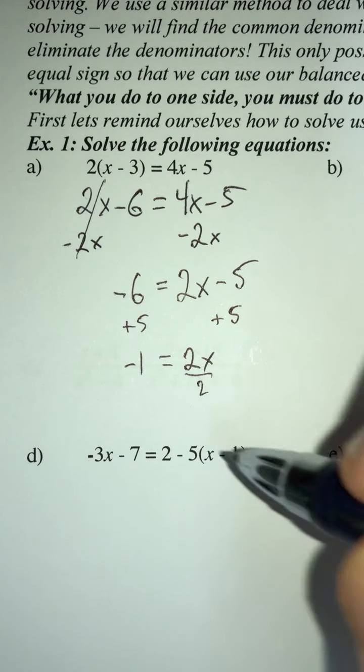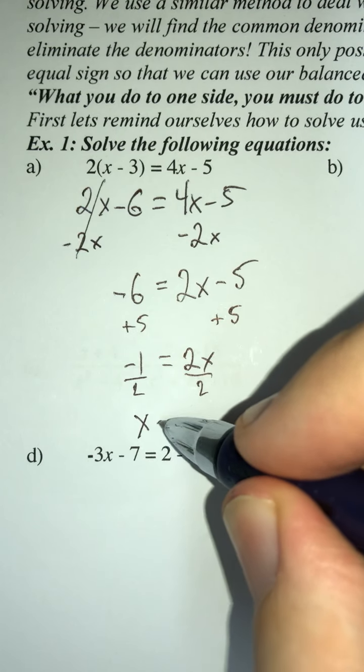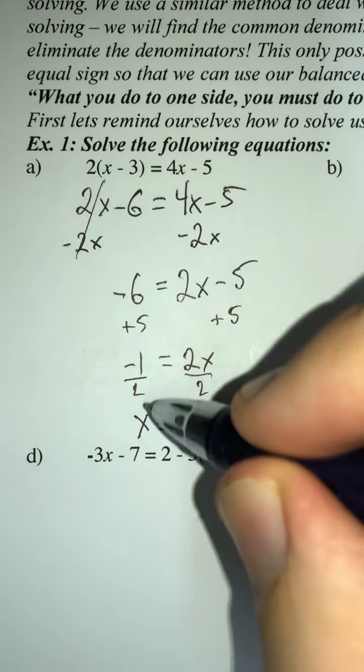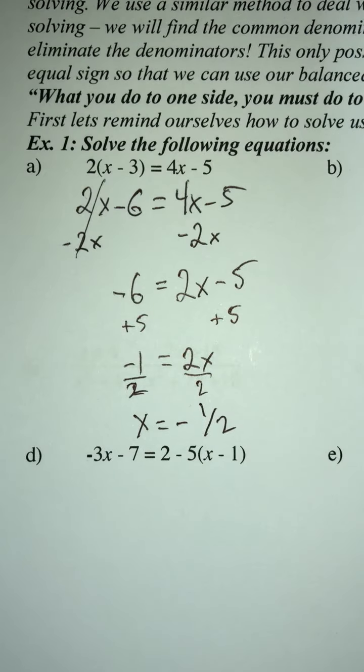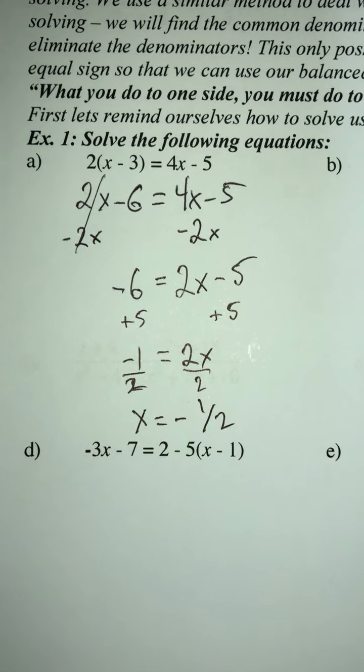And then divide by 2 to get x equals negative a half. So that's the process. You're just going through and trying to eliminate everything so that you can solve for x. You've probably seen these before, something similar, so I'm not gonna spend too much time on this.